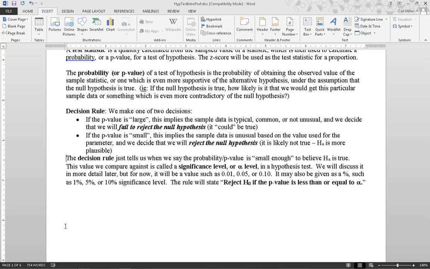It may also be given as a percentage such as 1%, 5%, or 10% for the significance level. The rule will then just state reject H sub 0 if the p-value or probability is less than or equal to your level of significance.